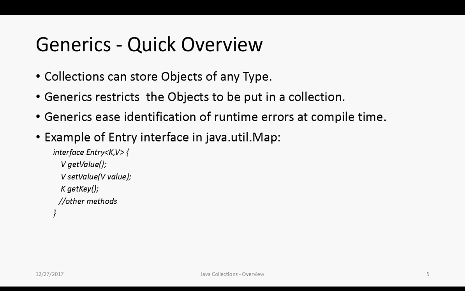Let's take a quick look at the Entry interface in java.util.Map. As we know, a map has a key and a value. Entry is defined to take a key of type K and a value of type V. So it can be any object: the key can be anything, and V can be any object.